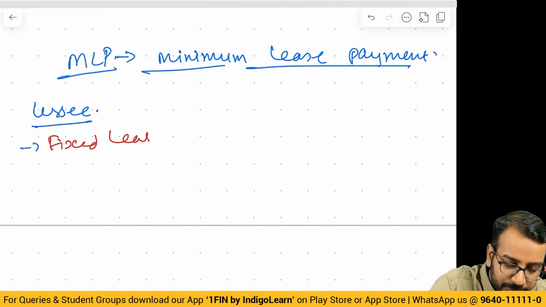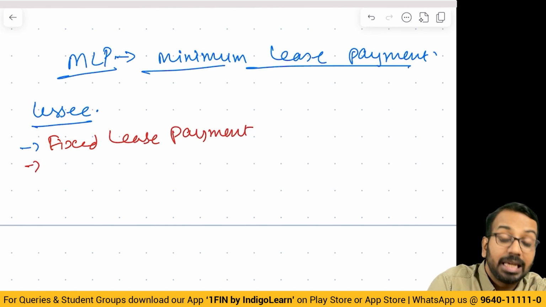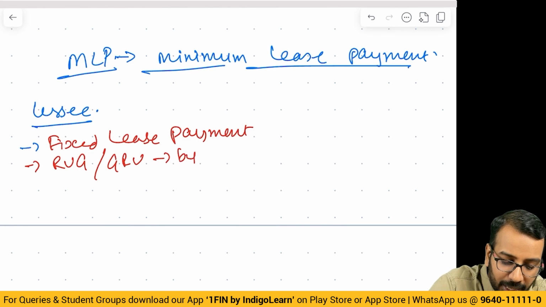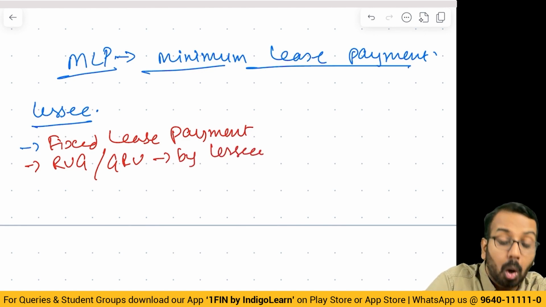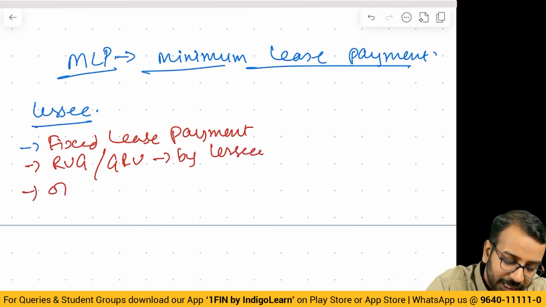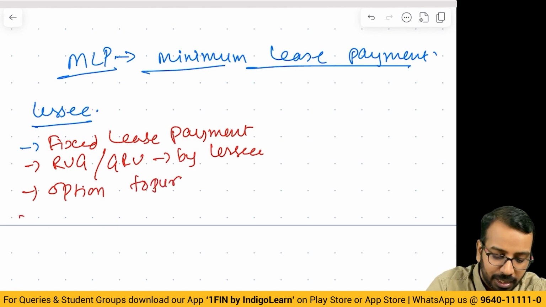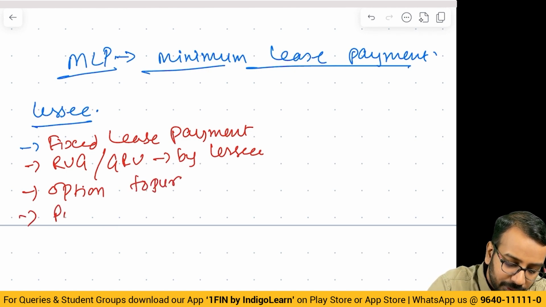Minimum lease payment for the lessee would be whatever we have as fixed lease payment. Then, if there is any residual value guaranteed, or we call it guaranteed residual value, by the lessee or on behalf of the lessee, then if there is an option to purchase that part, then if there is a purchase agreement.